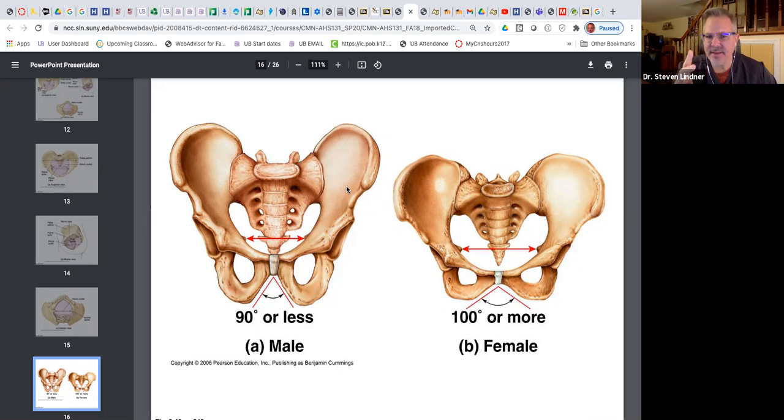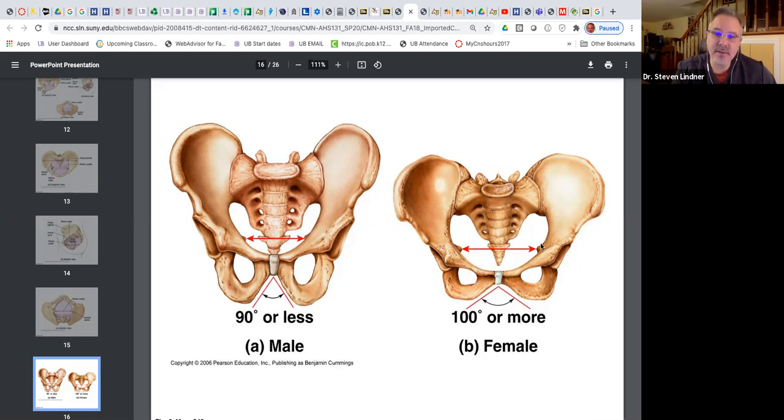But the second thing that we look at is, pay close attention to this angle right here. If you pay attention to the angle down here at the bottom, inferior to the pubic symphysis, you're going to see that the angle formed is typically less than 90 degrees on a male pelvis, and on the female, much wider than 90 degrees.